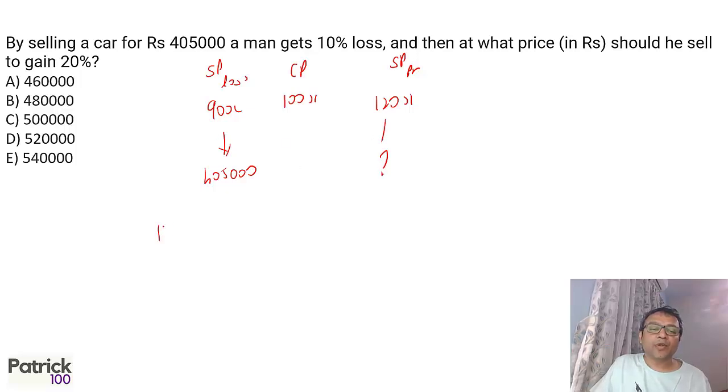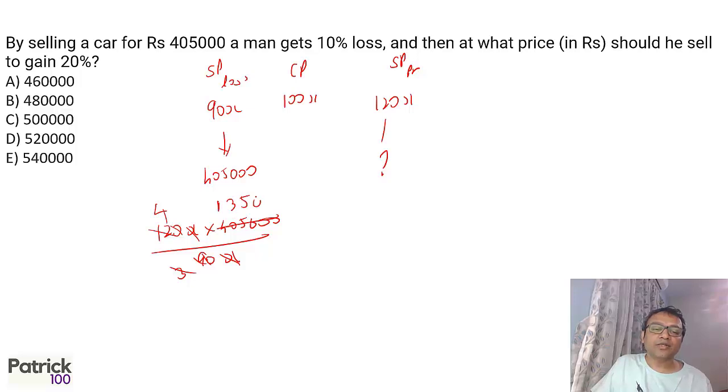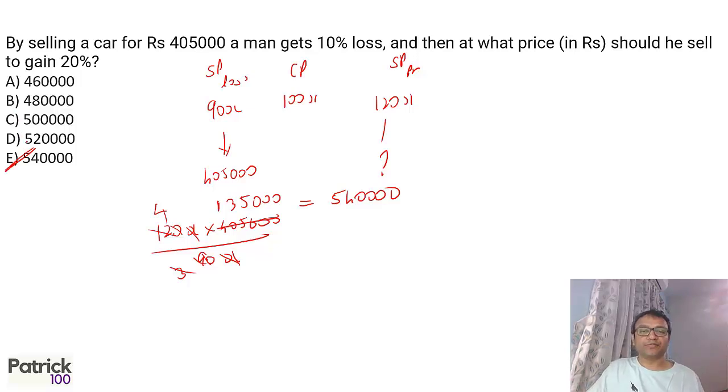Cross multiply: 120x into 4,05,000 upon 90x. X gets cancelled, a 0 gets cancelled, 3 gets cancelled, and 135 fours are 540. That will be the answer. E option, 5,40,000.